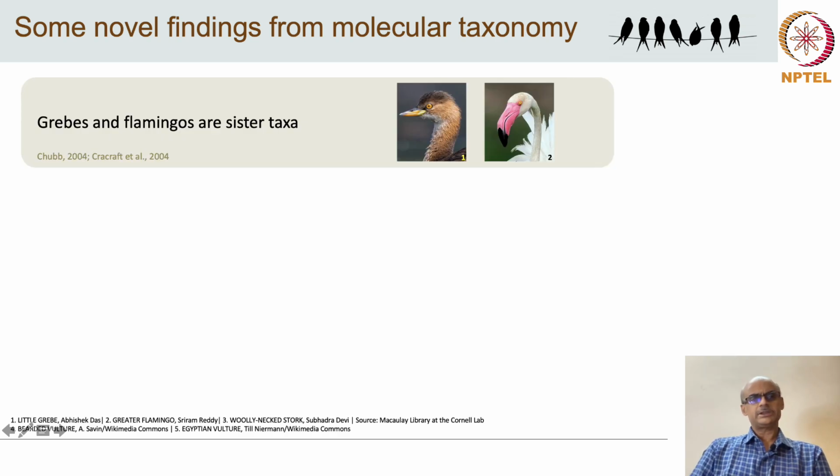The first major thing is that grebes and flamingos were suspected by some authors to be closely related, and their molecular signatures have strongly demonstrated a very close relationship, though morphologically they are very distinct.